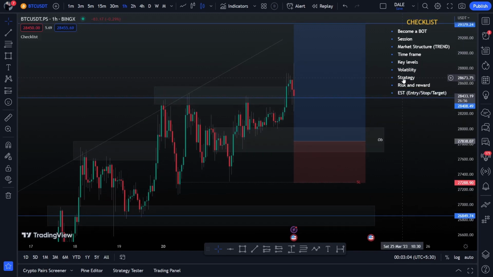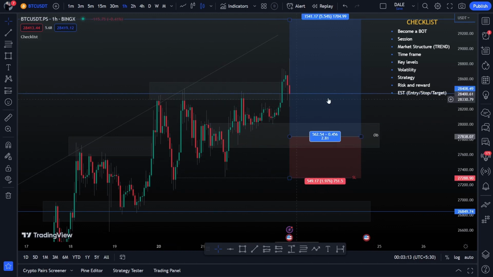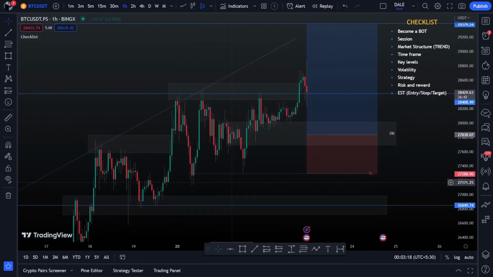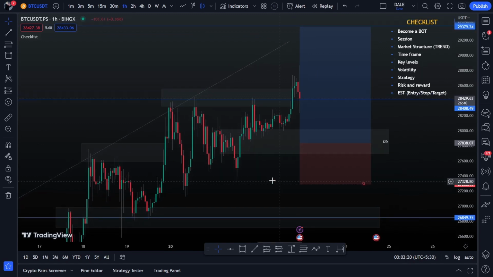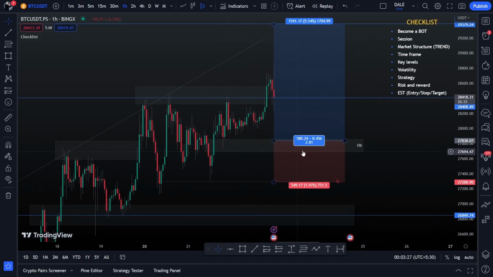So strategy is the one I'm talking about. Just make sure whether your strategy fits your time frame and this market structure. If it's not, then simply don't take the trade. Imagine I'm going to trade order blocks or imbalance, because I'm an SMC trader. If I'm going to trade this liquidity, I'm just going to wait until here.